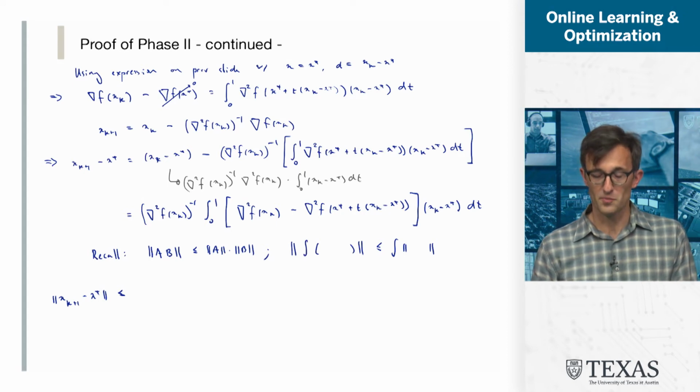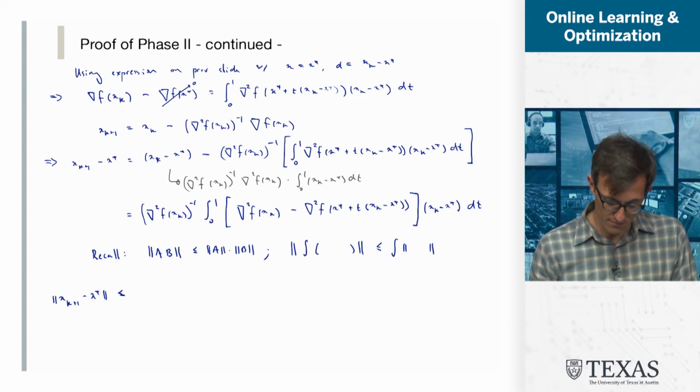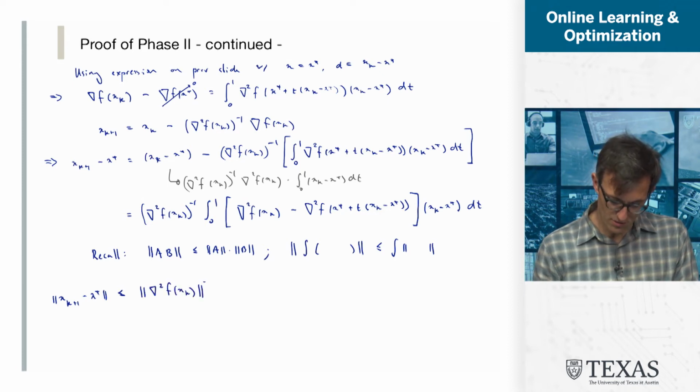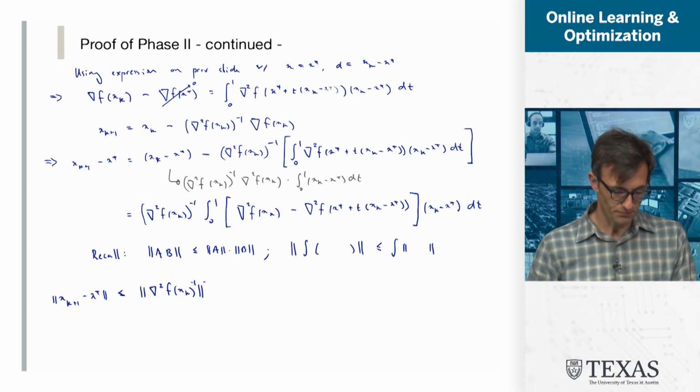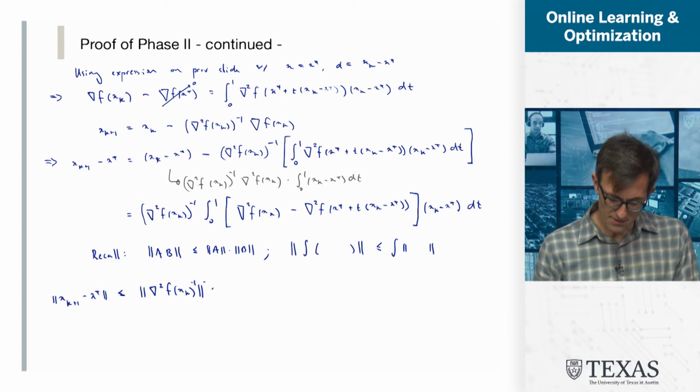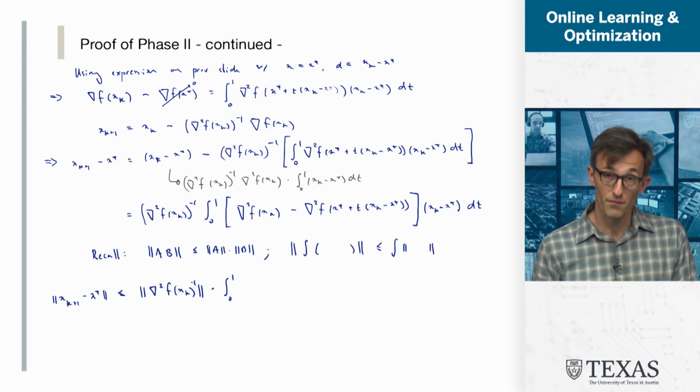I'm going to use the first property and break off the norm of the inverse Hessian, times the integral of the norm.